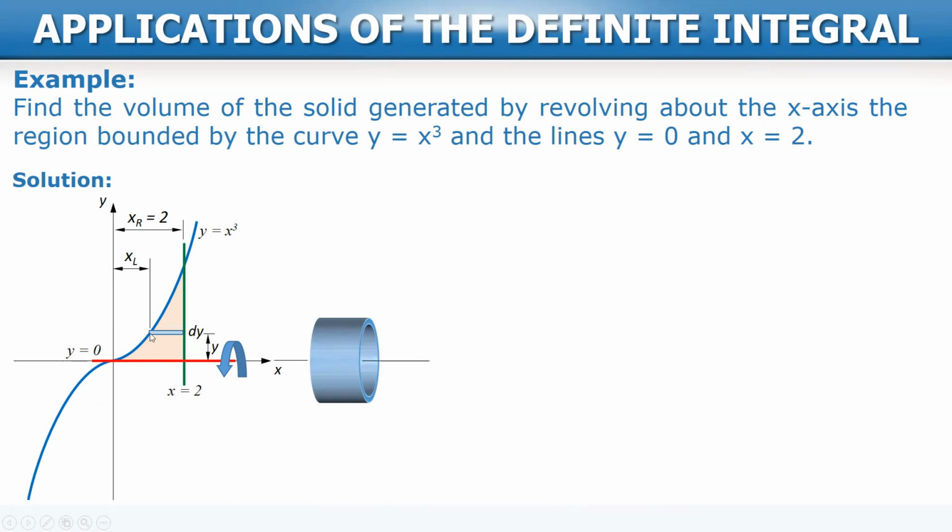Based on the figure, this is our strip, and it's equal to 2 minus XL, or XR minus XL. Our radius is y, and the thickness is dy. Therefore, our differential volume is the length of strip times circumference times thickness.